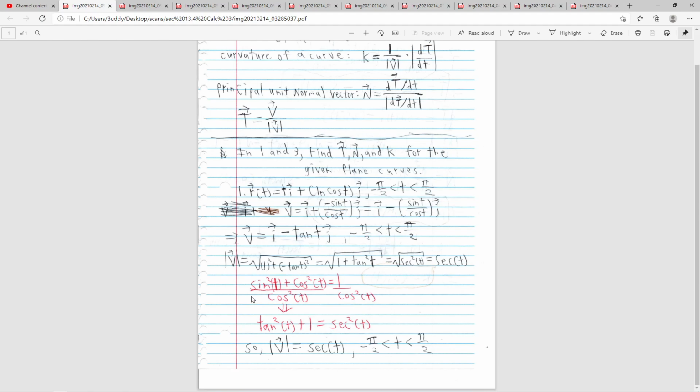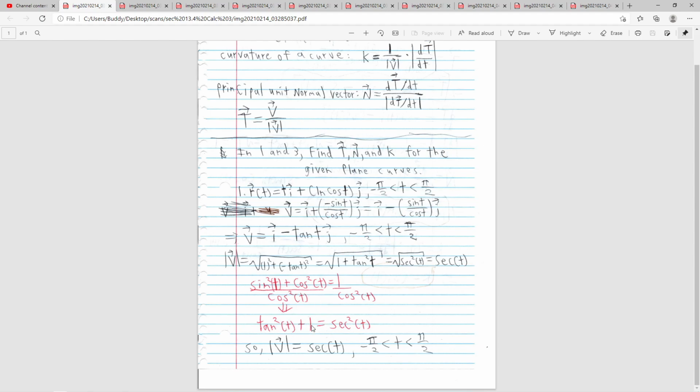But okay, so sine squared t plus cosine squared t equals 1. I've told you that it's a common fact, and it's the easiest one to memorize out of all these relationships. You divide by, let's say, cosine squared t. You get tangent squared t is sine squared divided by cosine squared, and cosine squared divided by cosine squared will be 1.